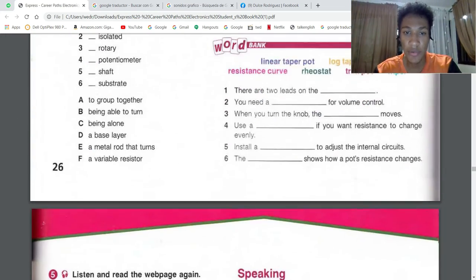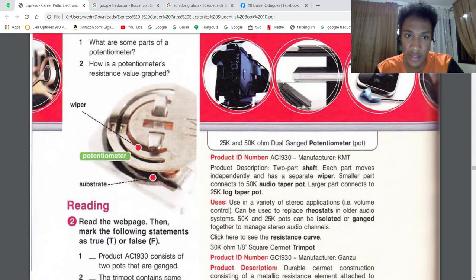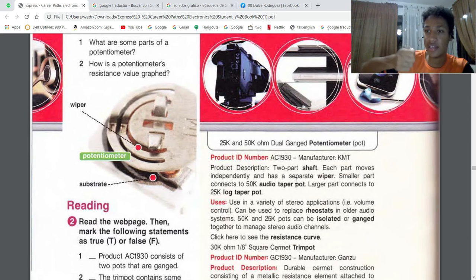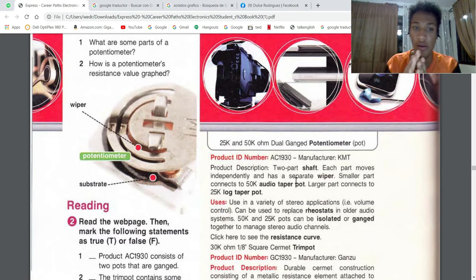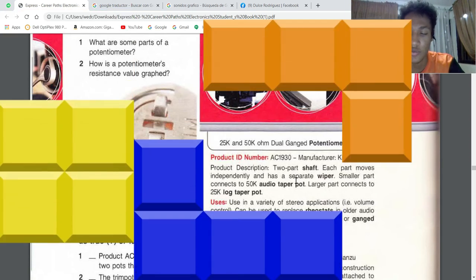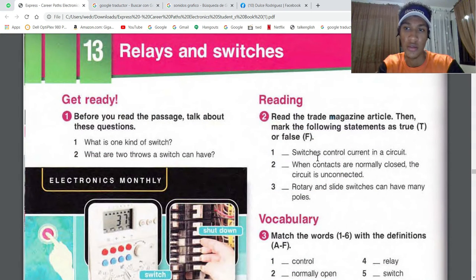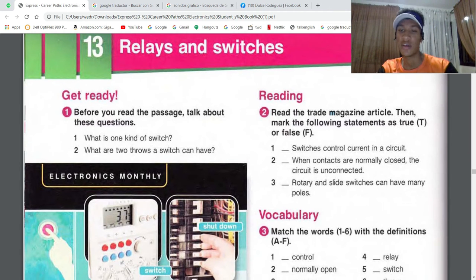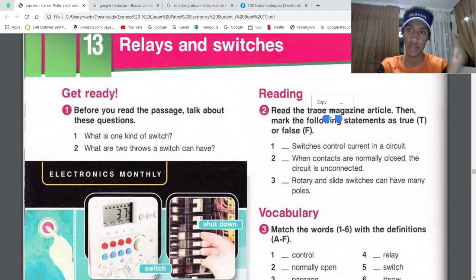This is the potentiometer. It's like the resistance, but it's a mechanical tool you move, so you can put more ohms or less ohms. So you can use it for different things, like I told you in the past video.